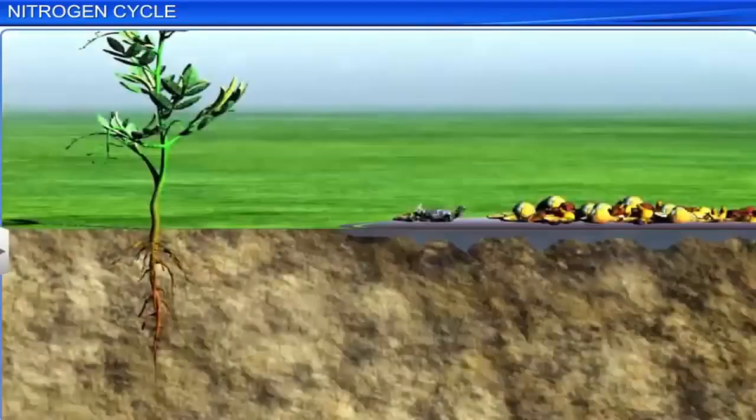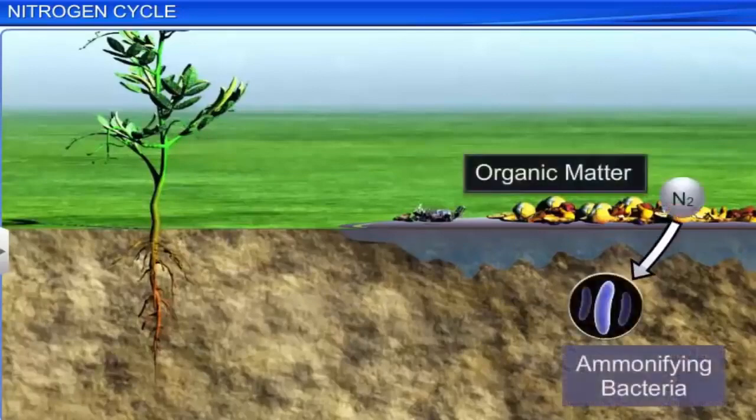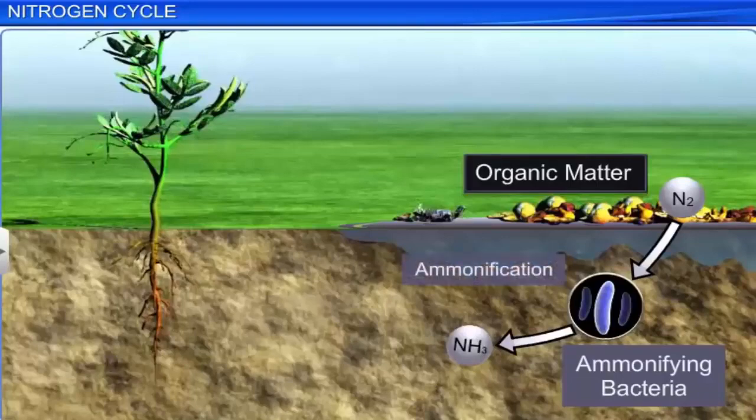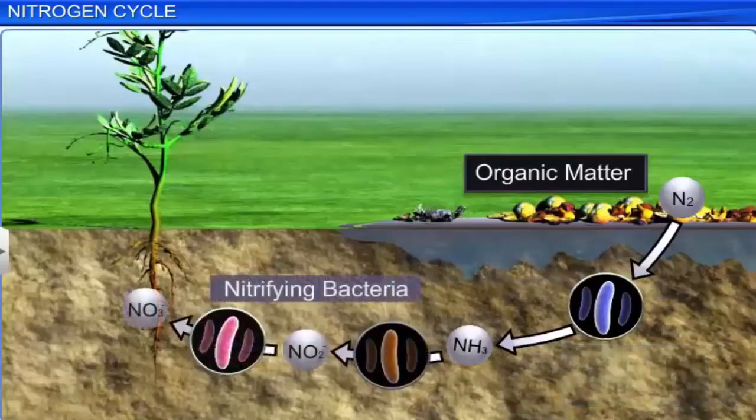When plants and animals die, the organic material in them returns to the soil. The nitrogen in dead plants and animals is decomposed by ammonifying bacteria to form ammonia. This process is called ammonification. Ammonia formed by ammonification is converted into nitrites and nitrates by nitrifying bacteria in the soil.